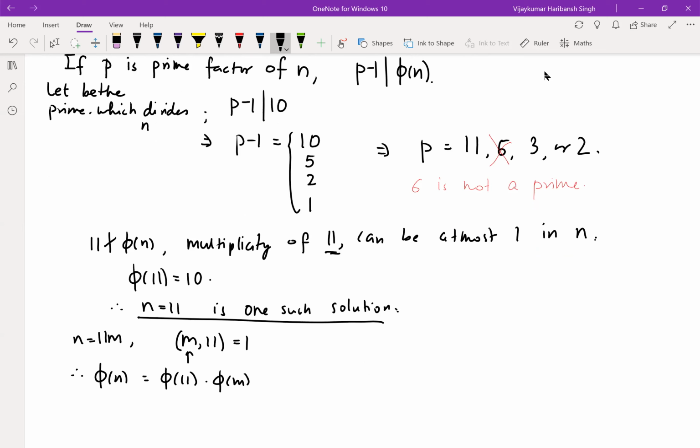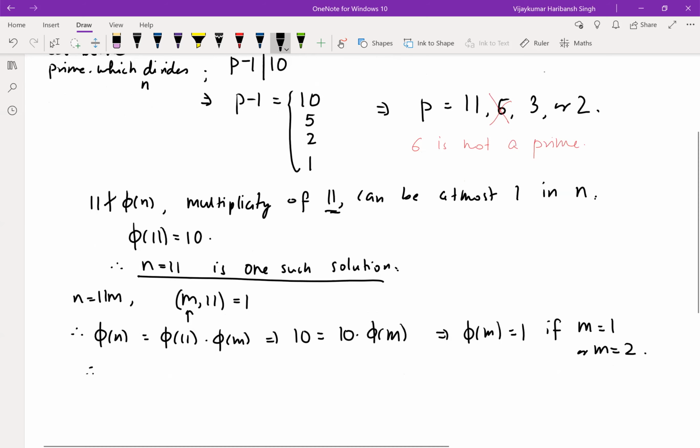And phi of n is 10, so 10 equals 10 times phi of m. This implies phi of m equals 1. Now note that this can only happen if m equals 1 or m equals 2. So the other solution is, if m is 2, n equals 22.